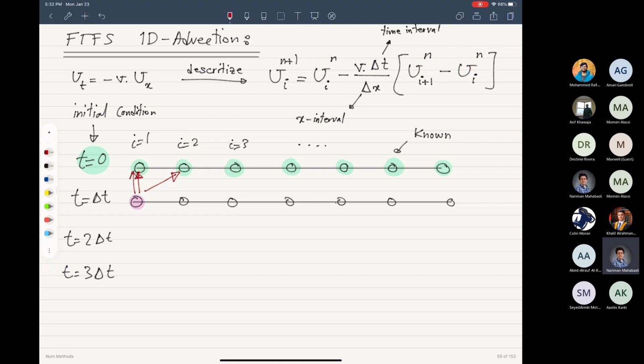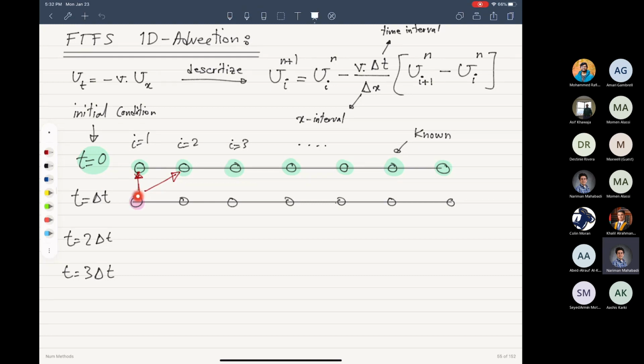So you're going to need two values right here, the same value but twice, and then one value here, which is U_{i+1}^n. So using only these two points, you can predict the unknown function in the next time step.